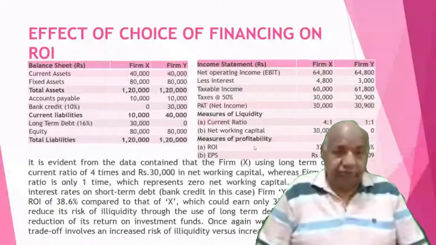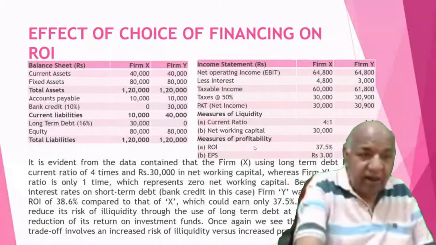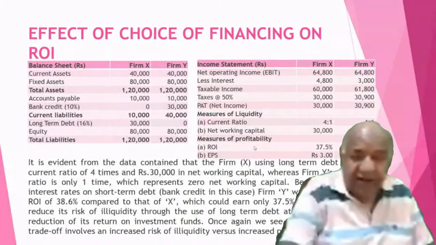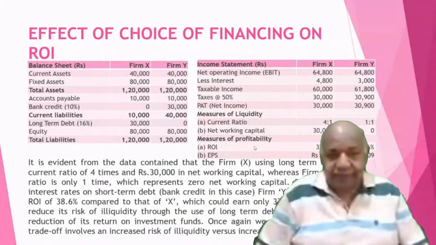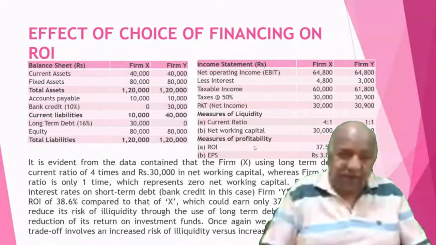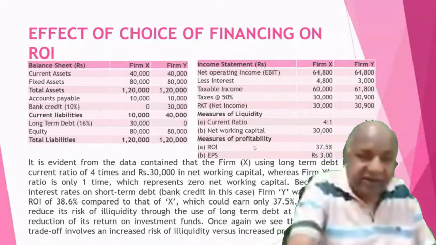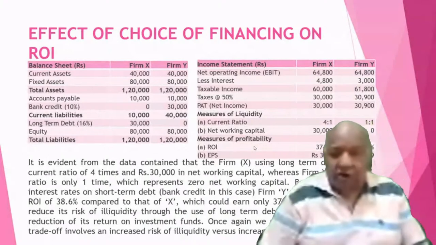Current ratio. In case of firm X, current assets are 40,000 while current liabilities are 10,000. Therefore, the ratio is 4:1. But in case of firm Y, current assets are 40,000 and current liabilities are also 40,000.